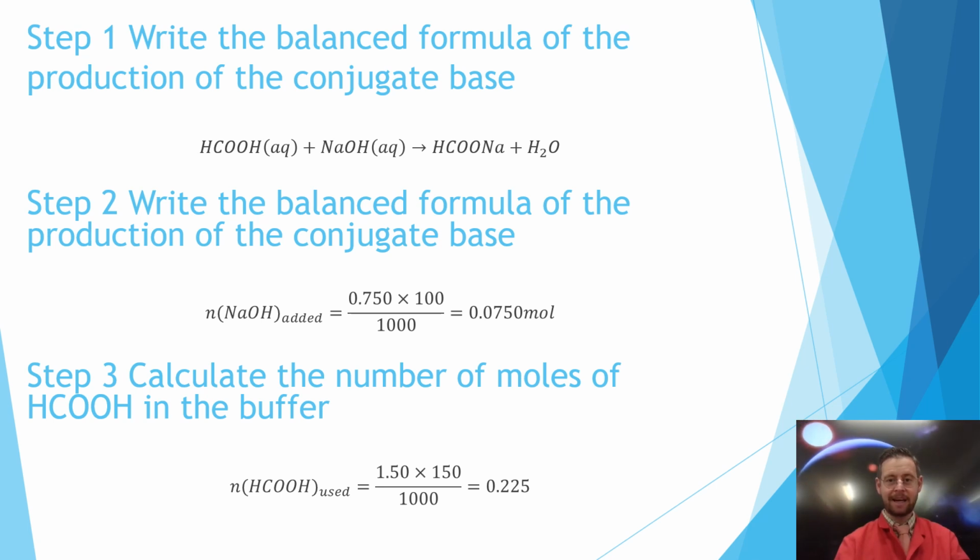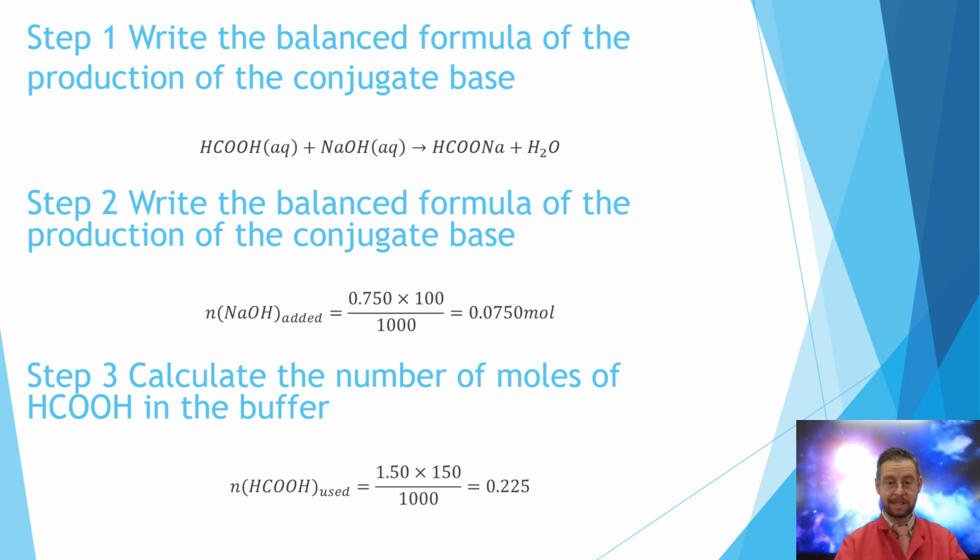It was 100, but that was in centimeters cubed, so we have to divide it by 1,000 to get that into decimeters cubed, times the concentration, 0.75, gives us 0.075 moles. Well done, we've worked out how many moles. This is going to be equal to how many moles of sodium ethanoate we've got. We also want to know how many moles of the acid we have, so we just compute the numbers we're given for the acid, and we work out 0.225 moles. On to the next step.